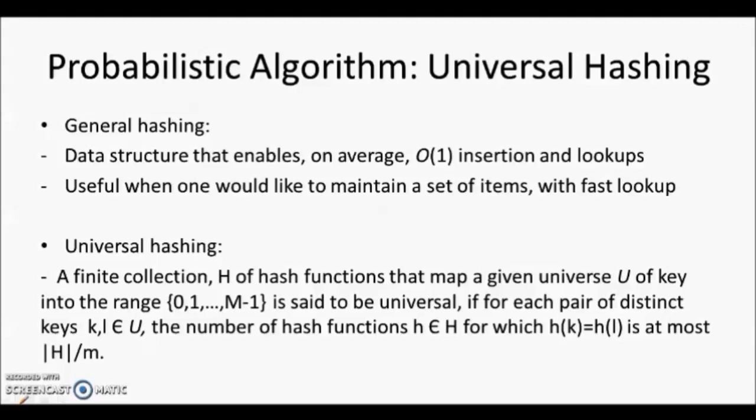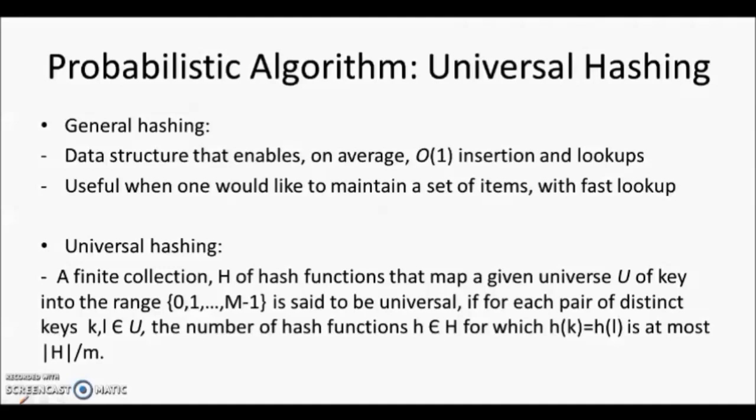Universal hashing: a finite collection H of hash functions that map a given universe U of keys into the range 0, 1 up to m-1 is said to be universal if for each pair of distinct keys k, l which belong to U, the number of hash functions h which belong to H for which h of k is equal to h of l is at most the size of H divided by m.